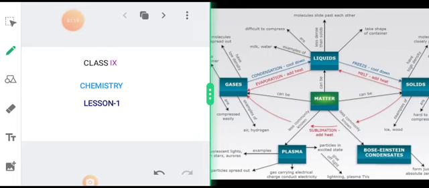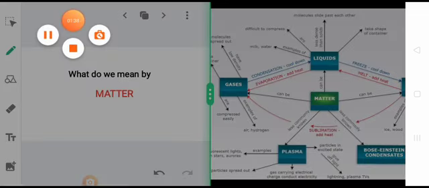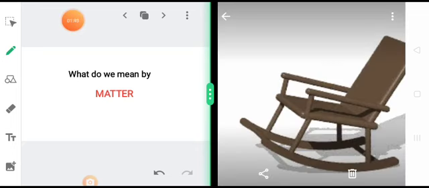So, very quickly, we can switch over to the first main concept that we'll be beginning this lesson with, and that is what do we mean by matter? As we look at our surroundings, we see a large variety of things with different shapes, sizes, and textures. Everything in this universe is made up of a material which scientists have named matter.